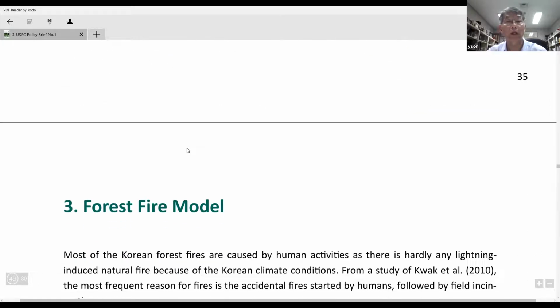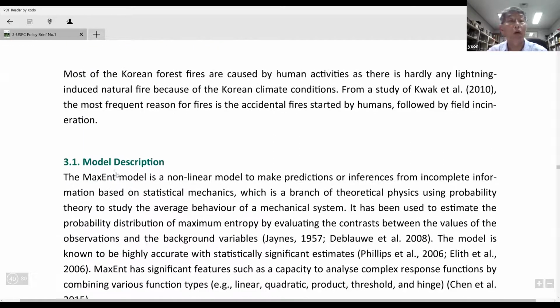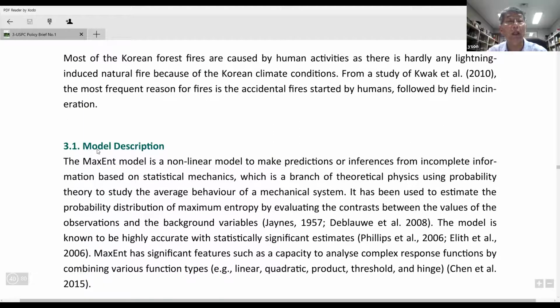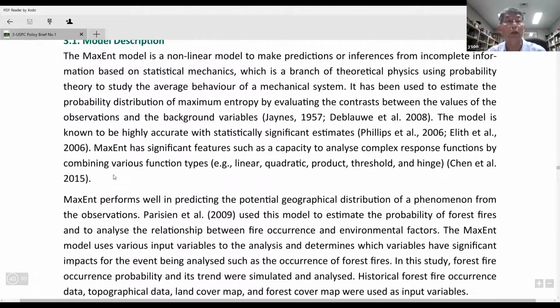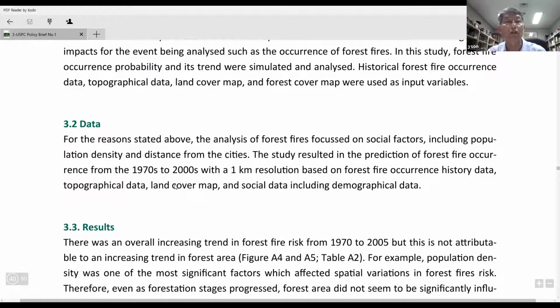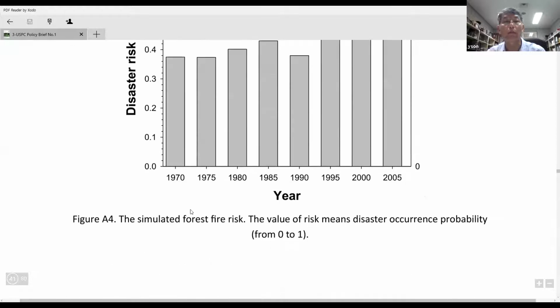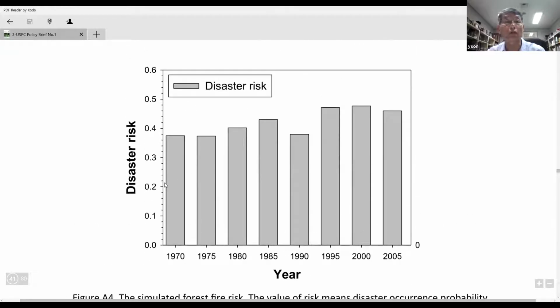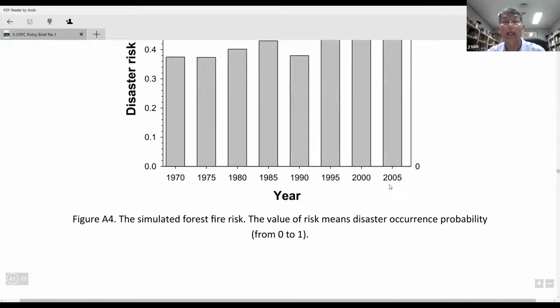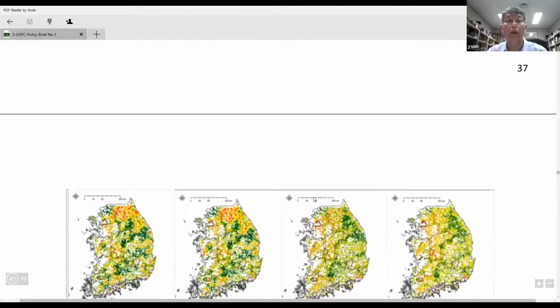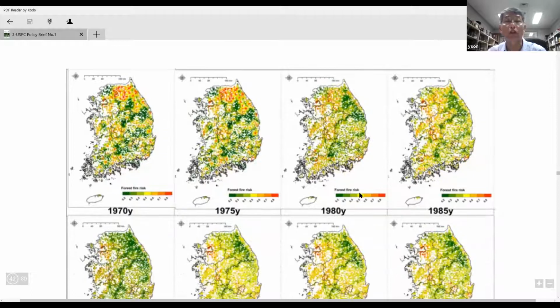And for the forest fire model, we used the MaxEnt model again to simulate forest fire. So model description, data itself, result. These are the results of forest fire risk by year and the spatial distribution of forest fire.